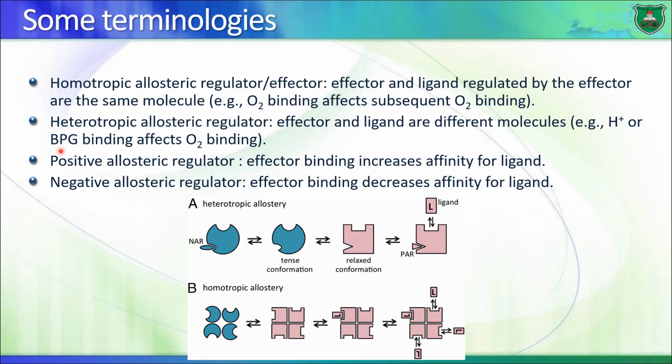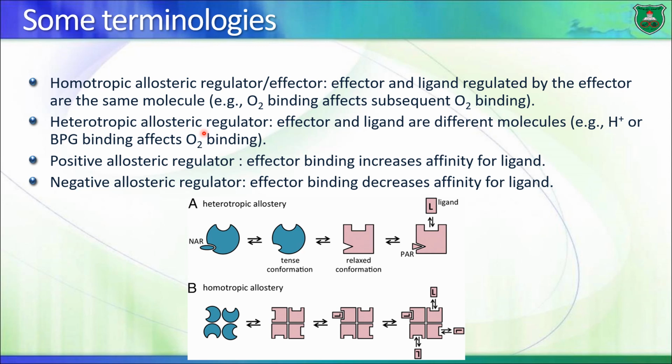And these regulators, what they do is that they bind to hemoglobin and they do change the affinity of hemoglobin towards oxygen. So the regulators are different than the ligand. The protons, the bisphosphoglycerate, the CO2, and so on, they are different than the ligand, which is oxygen, and these are called heterotropic allosteric regulators.